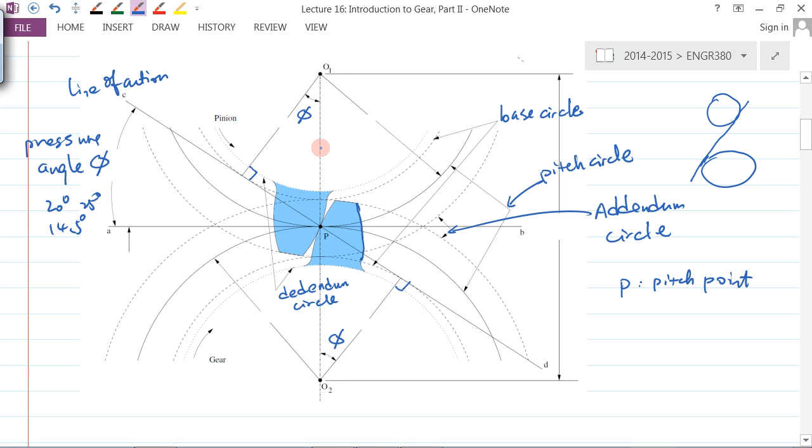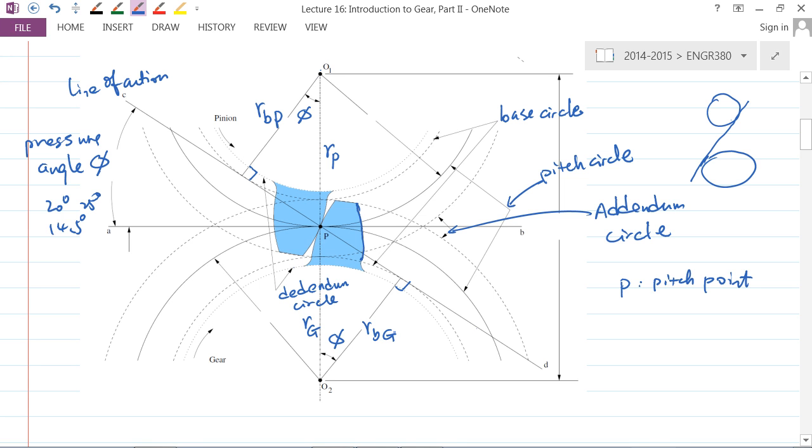If this is the pitch circle radius of the pinion, I'll use RP, and here I can use RG to represent the radius of the gear pitch circle. Then this radius from here to here is the radius of the base circle, so this is RBP and this is RBG, the radii of the base circles for the pinion and the gear.